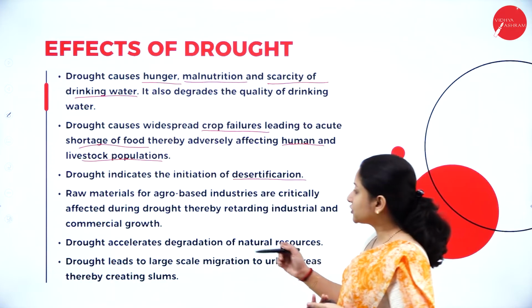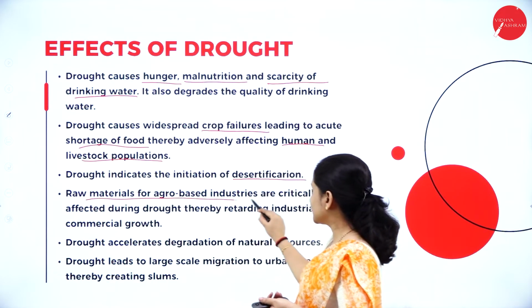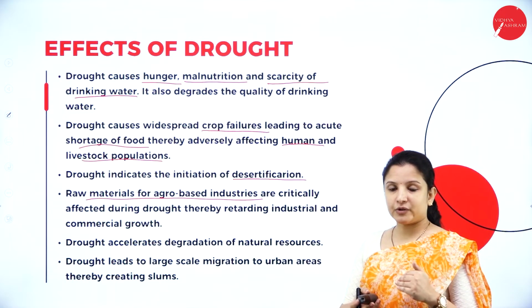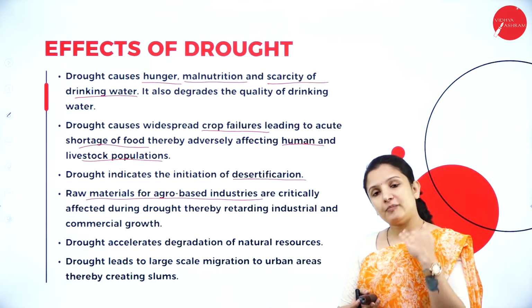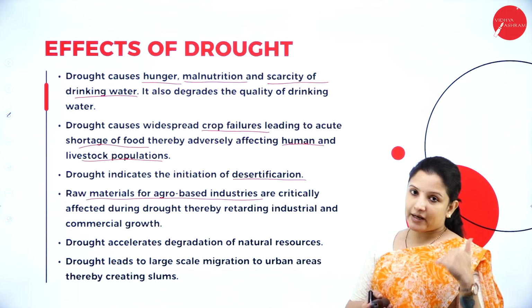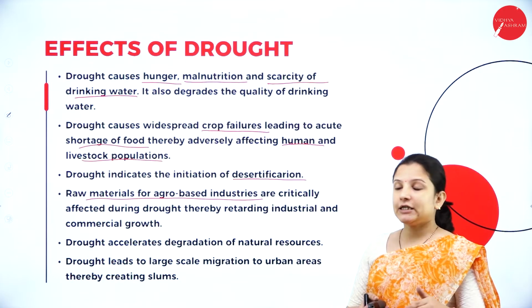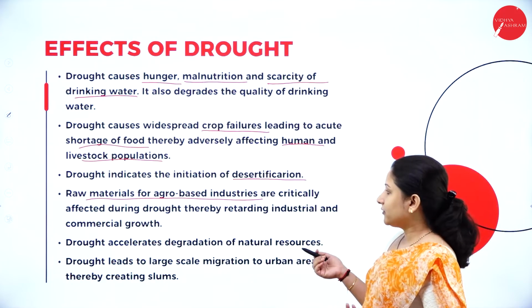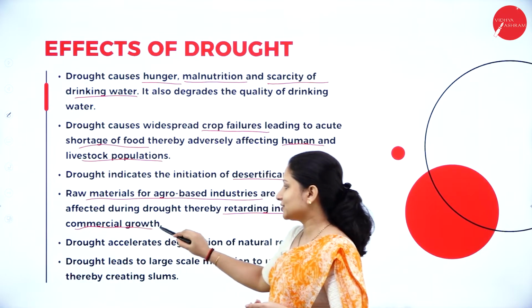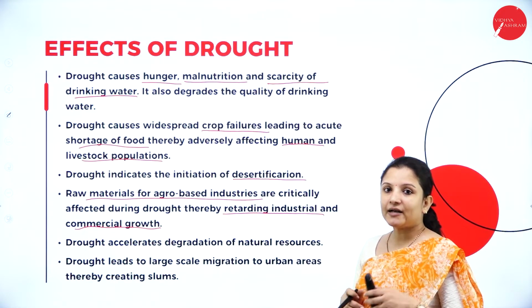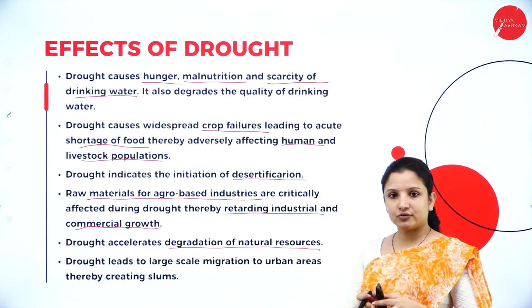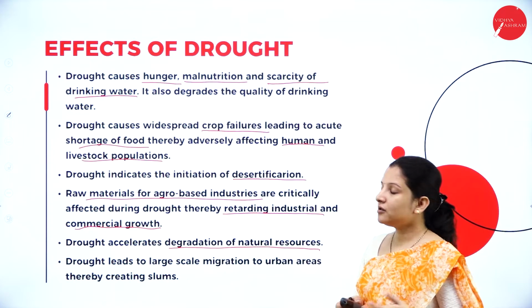The use of lots of raw materials for agro-based industries also causes a lot of drought, because we are utilizing a lot of plant raw materials for agro-based industries. Therefore, the plant population is coming down, leading to drought condition, and therefore retarding industrial and commercial growth as well. Drought also increases the degradation of the natural available resources such as plants, animals and all that.